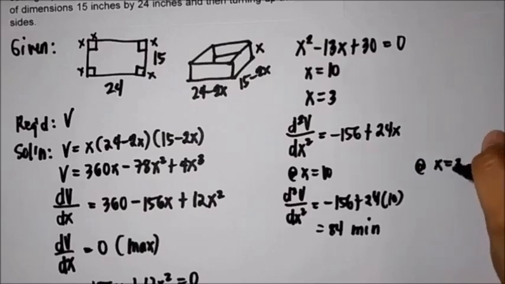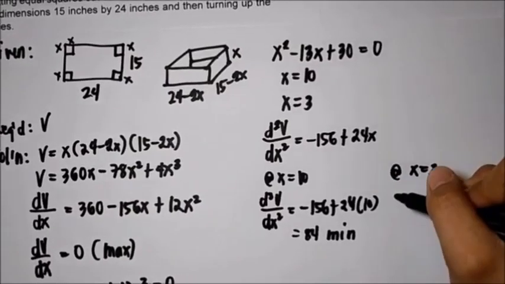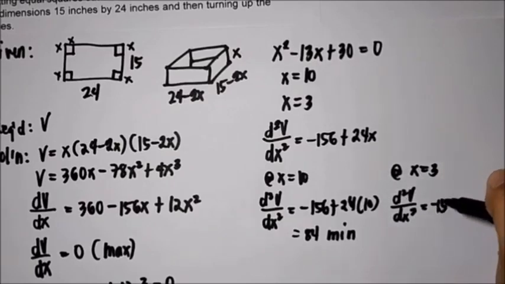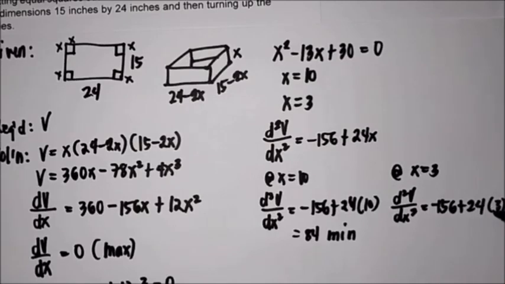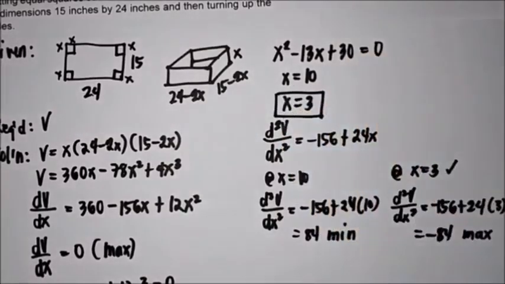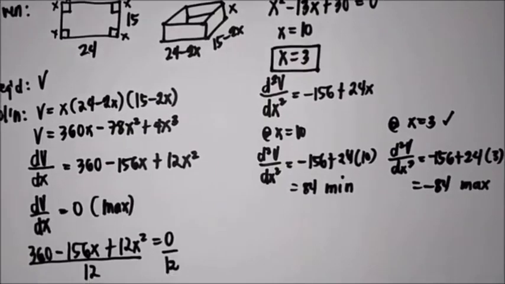At x equals 3, same process. The value now of the second derivative is negative 156 plus 24 times 3. And we will be getting negative 84. So it means that at x equals 3, we'll be having a maximum volume. Let's solve for the volume.